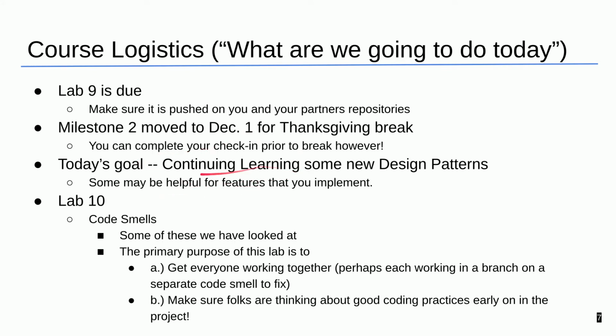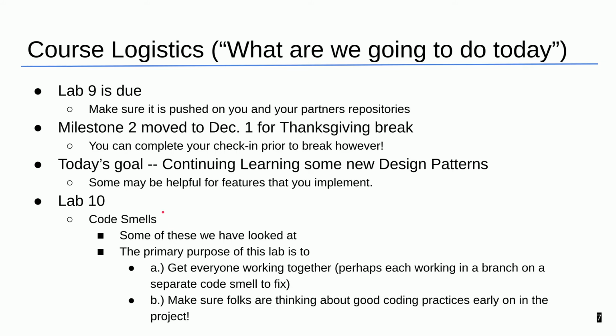Again, today's goal is just to continue learning some design patterns. And at the end, you're going to work on Lab 10. Lab 10's going back to code smells. We talked about these a little bit a few weeks ago, but there's sort of a dual purpose for why we're doing it.